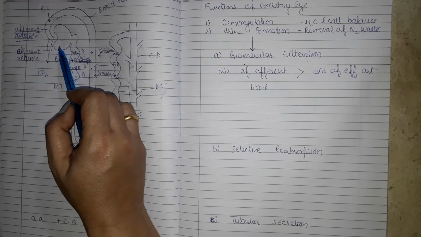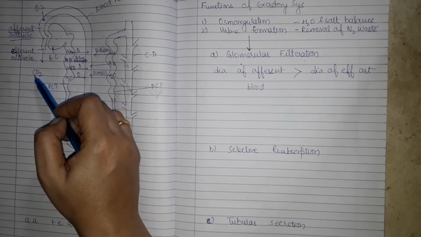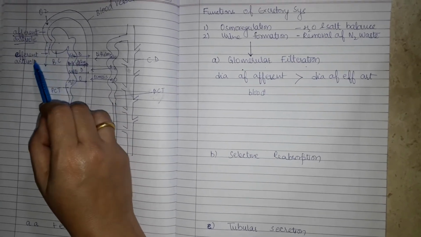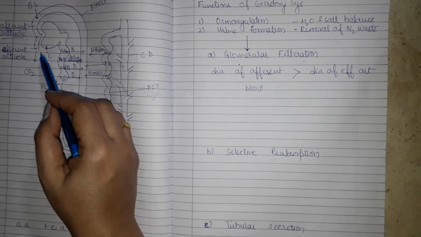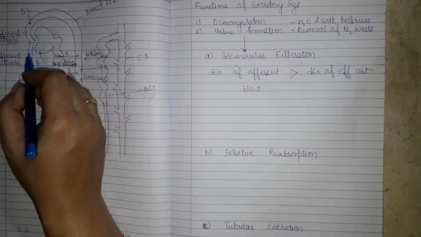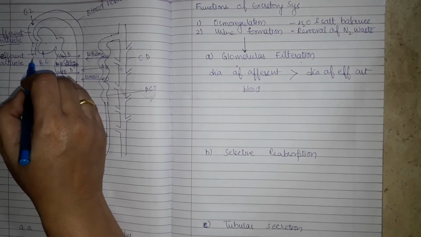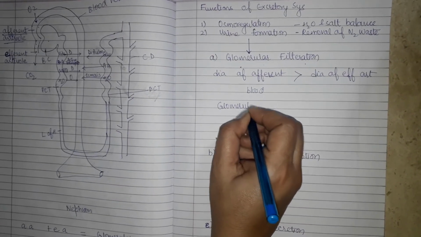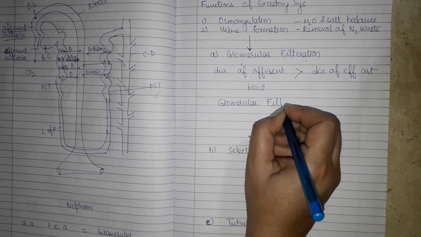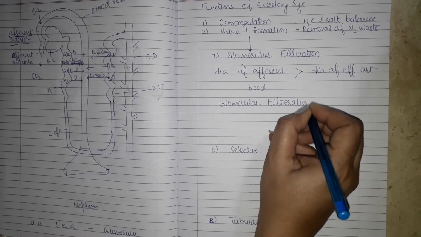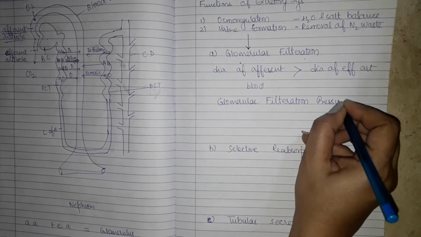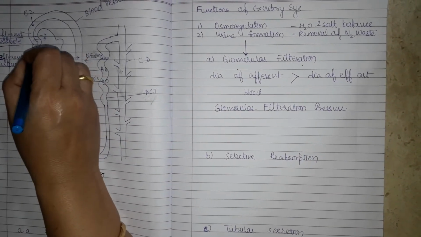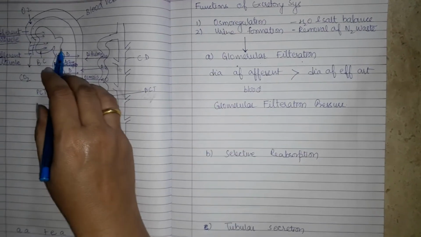And the efferent arteriole is taking away deoxygenated blood, so more blood is entering the nephron and less blood is leaving the nephron. As a result, a pressure develops inside the glomerulus, and this pressure is called glomerular filtration pressure.